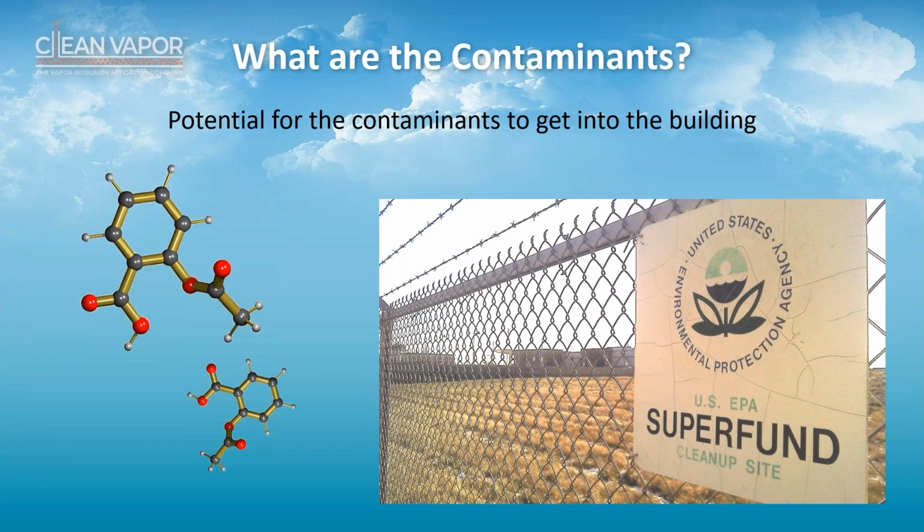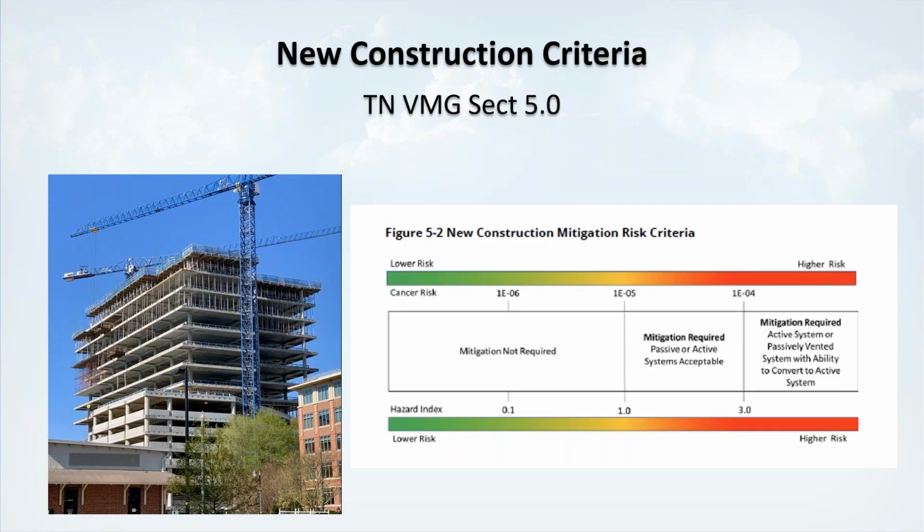So you want to find out what you're dealing with in protecting the interior of that building from those ground chemicals. So, new construction. There are guidelines in most regulatory documents. This one here is an excerpt from Tennessee, where it has the risk factor, and you can get these numbers out of the VISL, where it says in Tennessee that 10 to the minus 6, or cancer risk of 1 in a million, mitigation's not required.